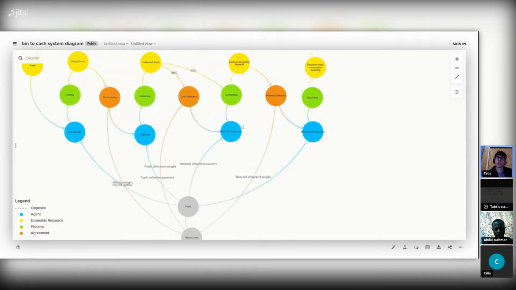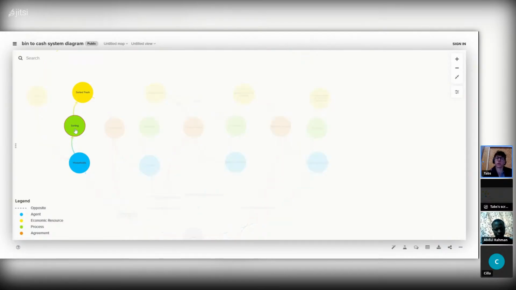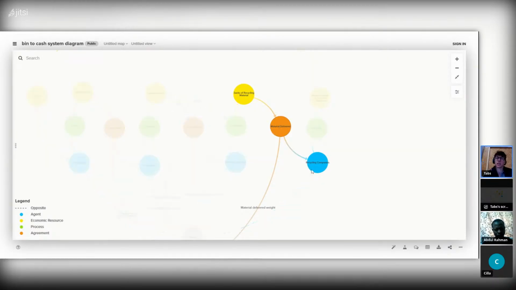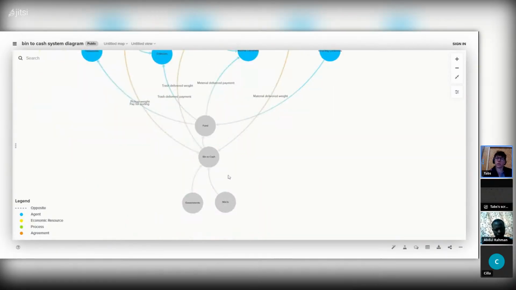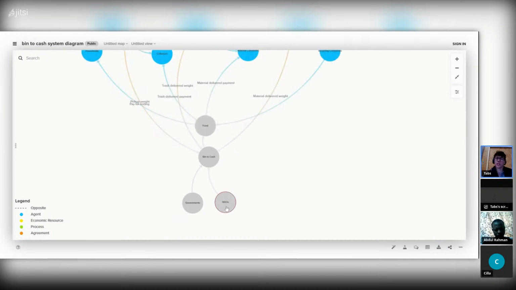So if through this system, by incentivizing the households to do really good sorting of trash, it can result in higher quality recycling material, then that's maybe something that they would pay for. But then we were also trying to explore what other options there are, so governments and NGOs. And that's where we got up to.